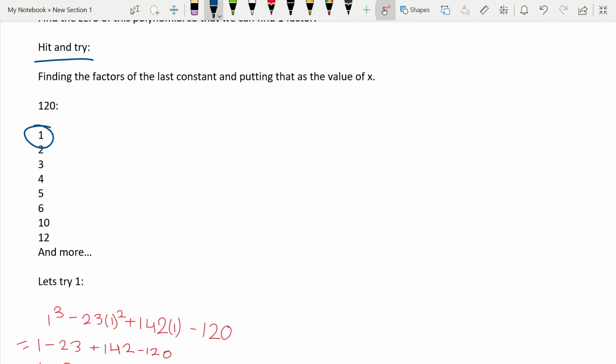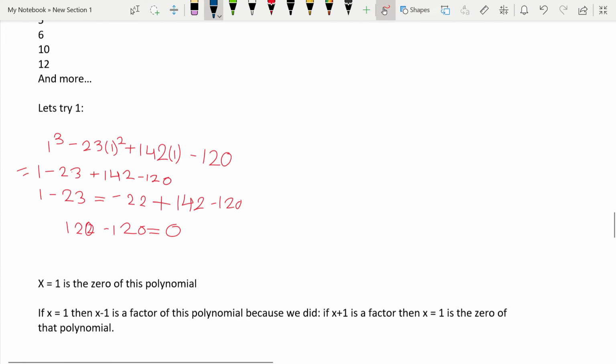Let's try 1. So it's going to be 1 cubed minus 23 times 1 squared plus 142 times 1 minus 120. Okay, so 1 cubed is 1, 23 times 1 squared is 23, plus 142 times 1 is 142, minus 120.